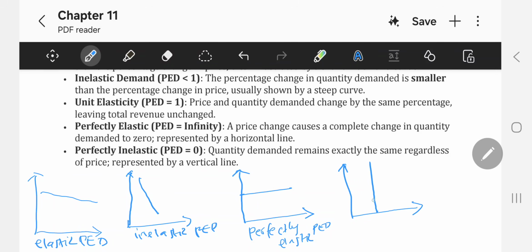This one looks like an I. So this is perfectly inelastic PED. I left out the unit elastic graph because there is no agreement among economists on how that one can look. Usually it's a point on the graph, which I'm going to show you in just a moment.